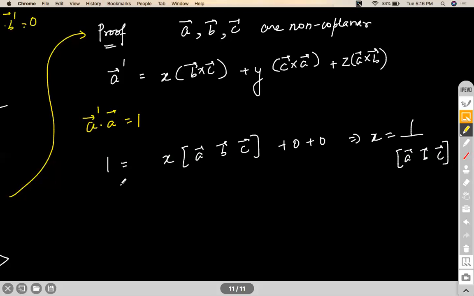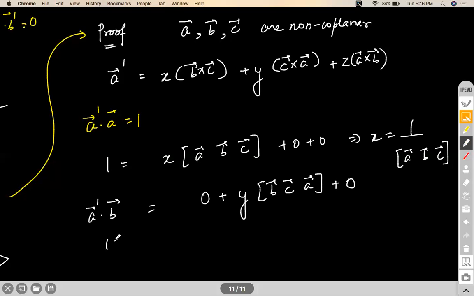Okay. What about Y and Z values? If I take the dot product with B, that means A dash dot B, I will end up getting 0 plus Y times box BCA, or box CAB, plus 0, and this itself is 0, correct? And since A, B, C are non-coplanar vectors, this cannot be 0.